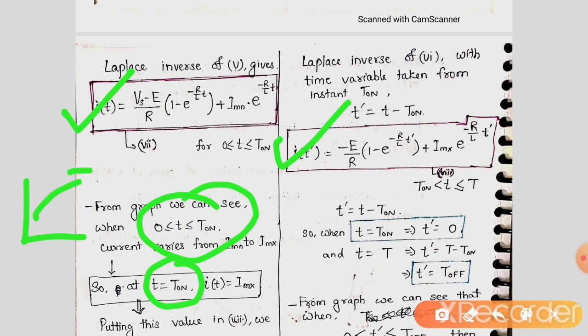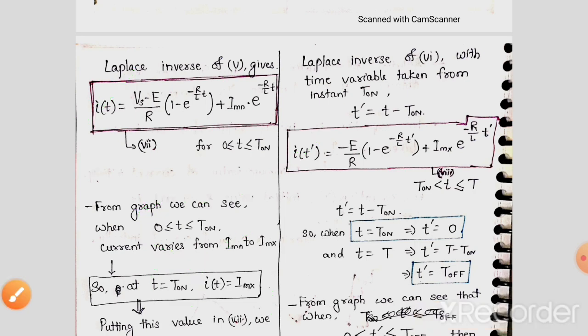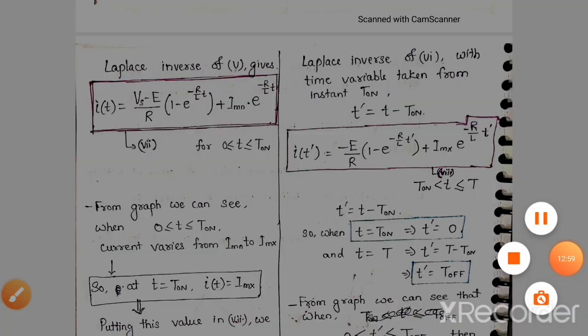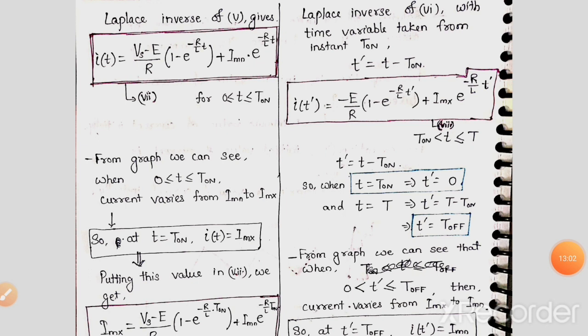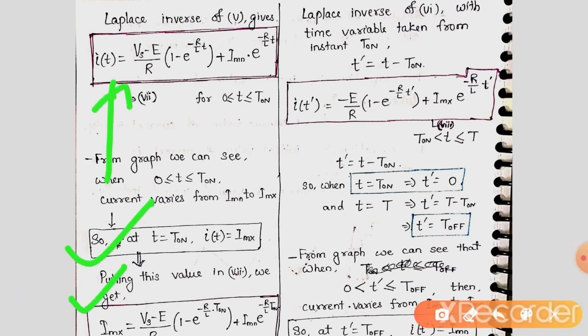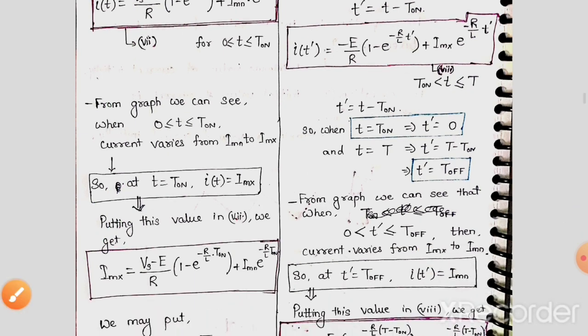We can see that the current is at its maximum value when the inductor has charged to its maximum value, so current is maximum at t equal to t on. Putting the values in the above expression, we get Imax = (Vs - E)/R (1 - e^(-R/L * Ton)) + Imin e^(-R/L * Ton).